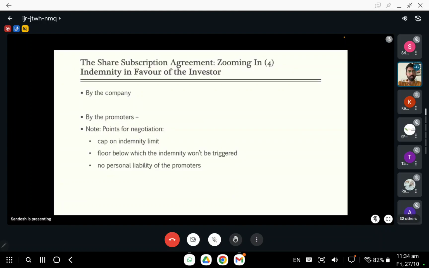The understanding is that by investing in your company, your paying that fine is a loss for the investor also, right? So the investor will say, please indemnify me, please make my loss good for the promise that you made which has turned false. This is one example.